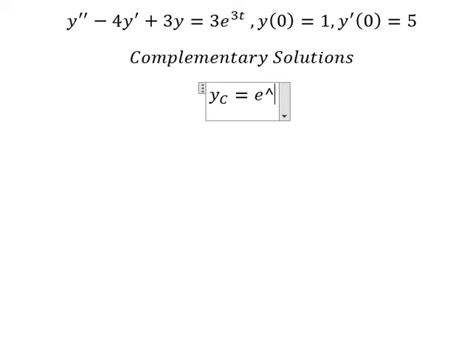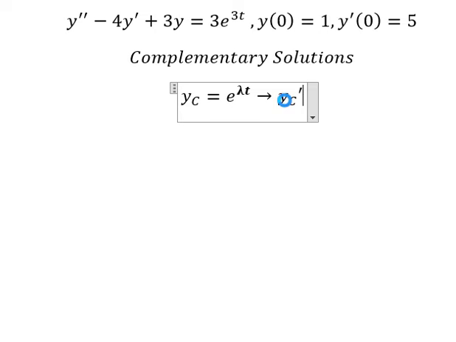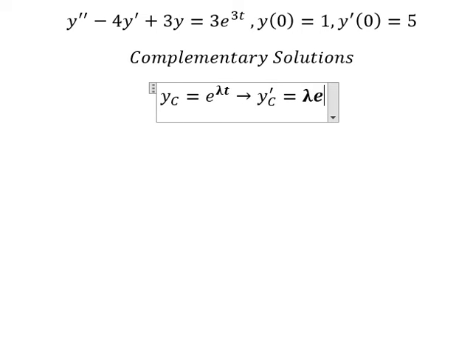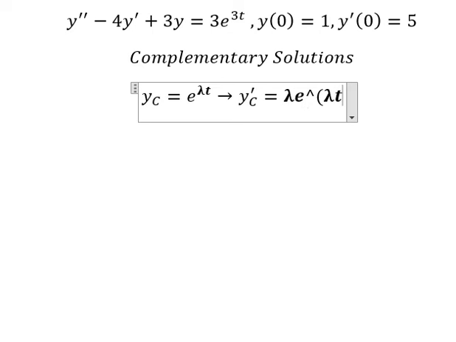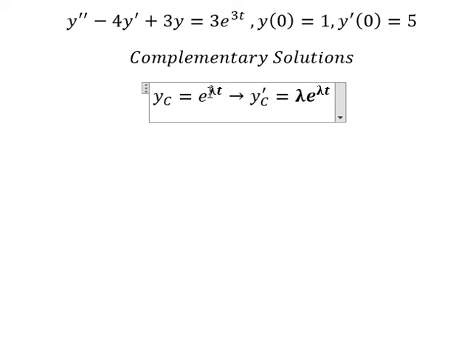equals e to the power of lambda t. Later, we do the first derivative of this one, and we have lambda e to the power of lambda t, because for the first derivative we keep the same e to the power of lambda t.